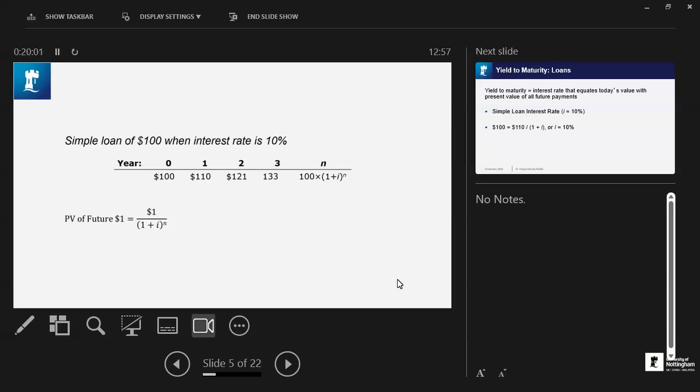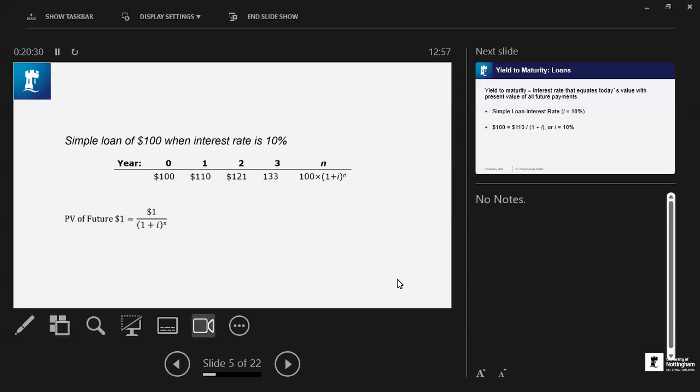And if you keep that invested in the next year, that 110 will earn an interest rate of 10%. So the interest in year 2 will be 11, right? Because it not only earned interest on the original $100, but it also earns interest on the 10 interest that you earned in year 1. What do you call this? Earning interest on interest?